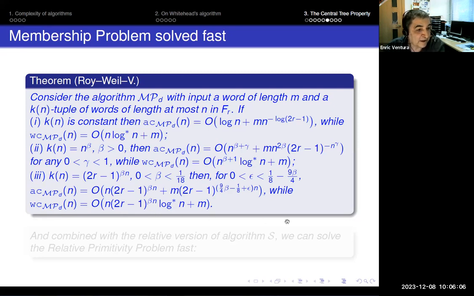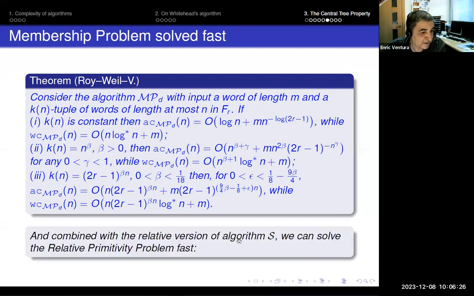This is a general thing: if you allow your tuple to grow faster and faster, then the average case complexity is not going to present a big improvement with respect to the worst case.